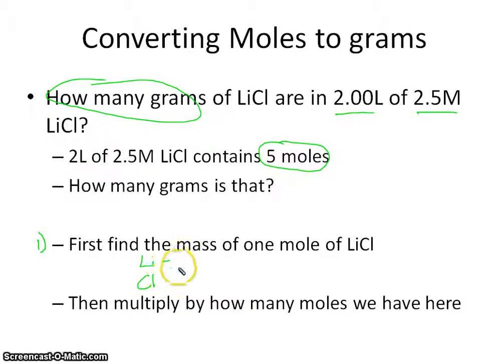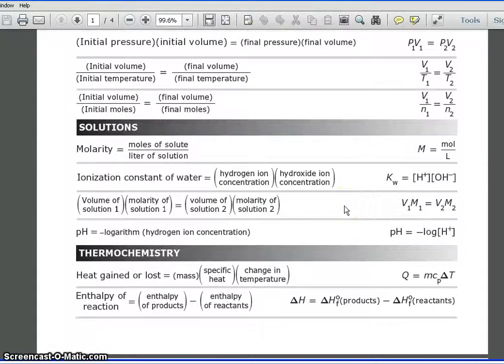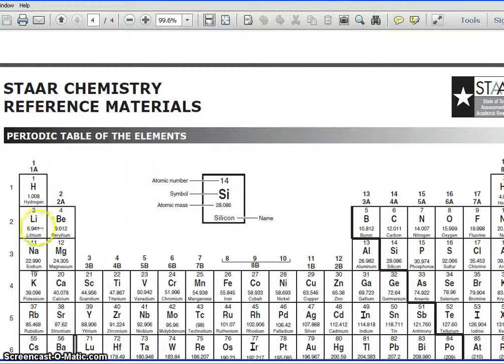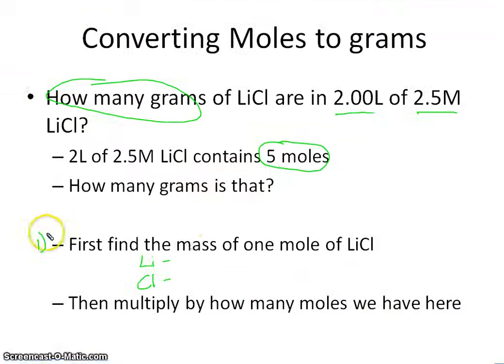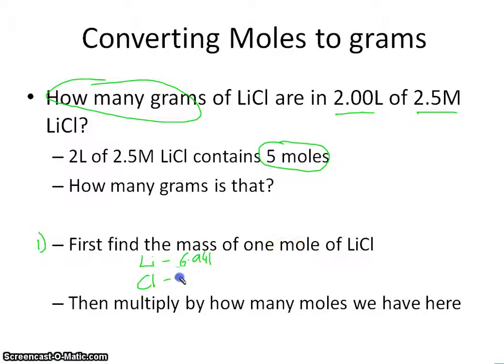Okay, what's the mass of a mole of lithium? We look on our periodic table. Here we go. 6.941 is the mass of 1 mole of lithium. Okay, how about chloride? Chloride, here we go. 35.453.